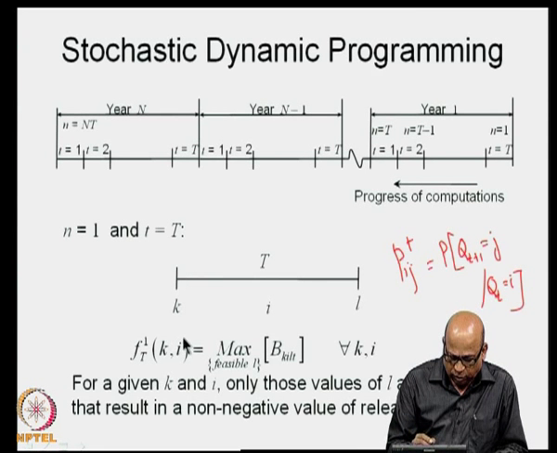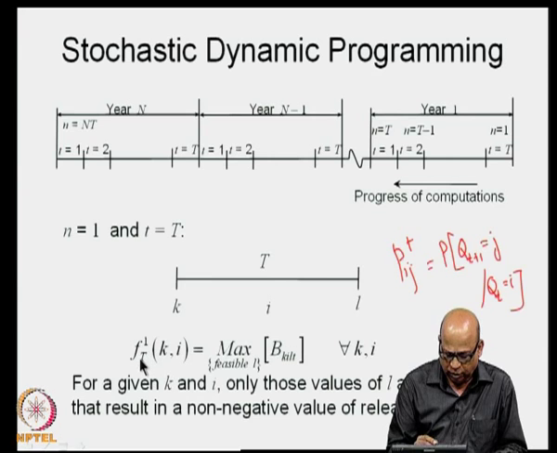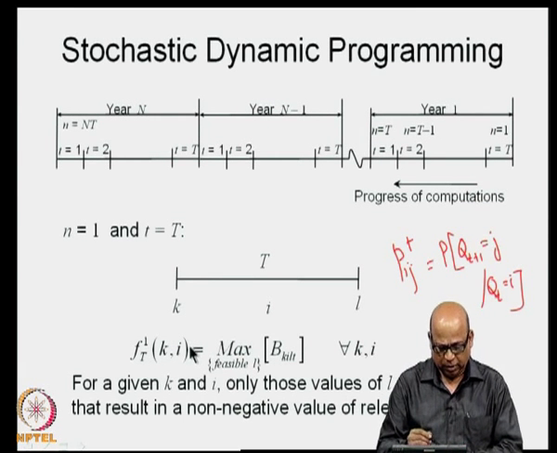We are looking for a system performance measure. So, for n is equal to 1 and t is equal to t, we write this as f1 of t k comma I. That means, for a given k and I, these are the state variables, storage at the beginning of the time period and the inflow during the time period.